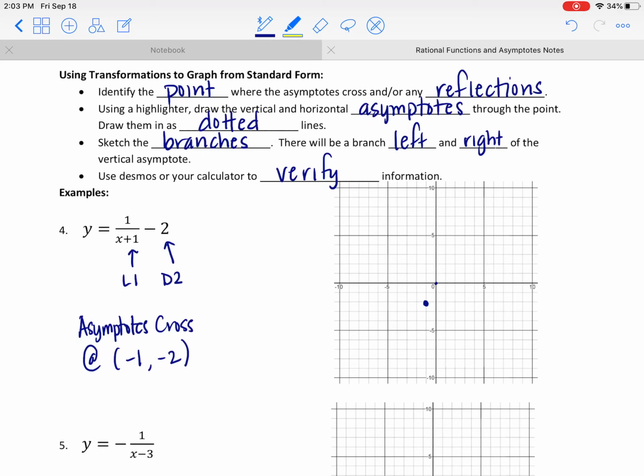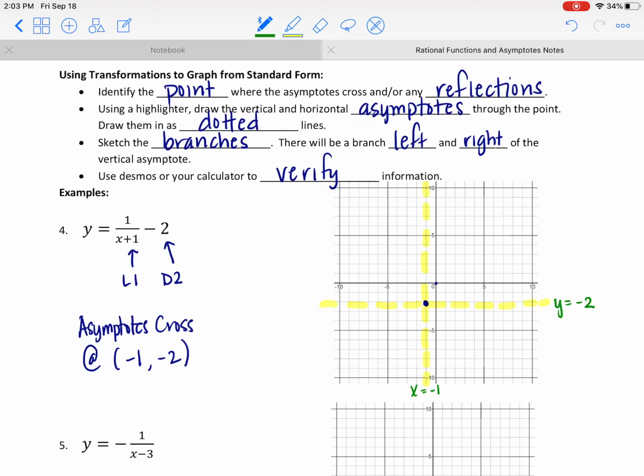Okay, so now I'm going to use my highlighter to show that I will have a vertical asymptote there at x equals -1, and then I'm going to have a horizontal asymptote through that point at y equals -2.